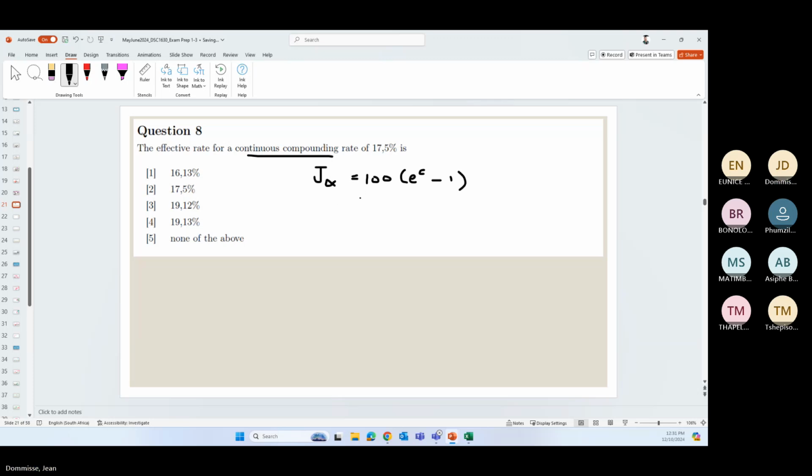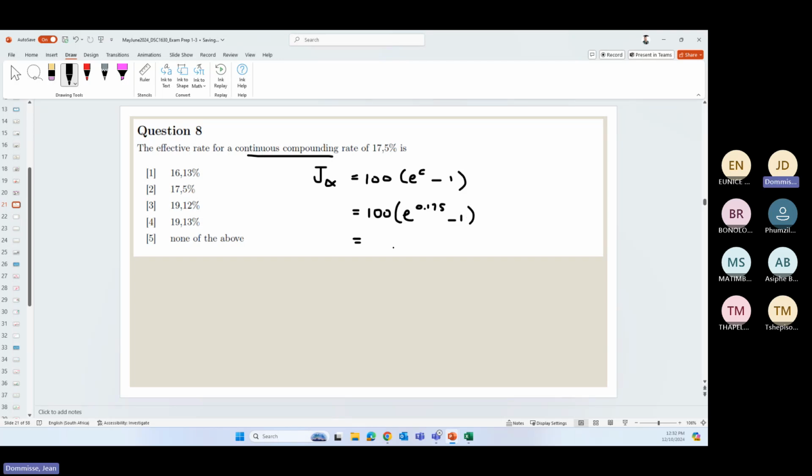So basically what we're after is what is the effective rate. So 100, we've got e to the power of the interest, so that is 0.175, minus 1.